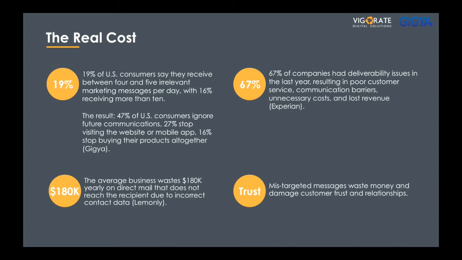But perhaps the largest hidden cost of inaccurate third-party data comes from delivering users irrelevant messaging and experiences. Not only do mistargeted messages waste money by failing to convert intended audiences, but they also damage customer trust in relationships.